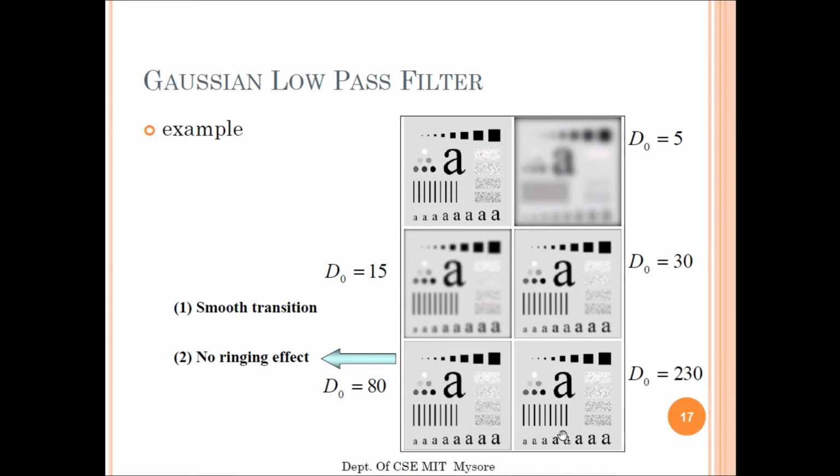If D0 is 80 and 230, there is no blurring effect and no ringing effect. So compared to the ideal low pass filter and the Butterworth low pass filter, in the Gaussian low pass filter there is no ringing effect in the output. Okay, this is the example of the Gaussian low pass filter.